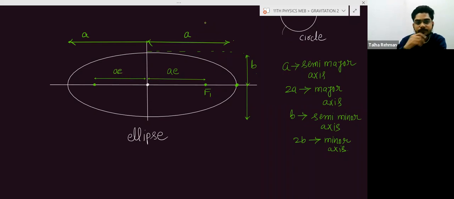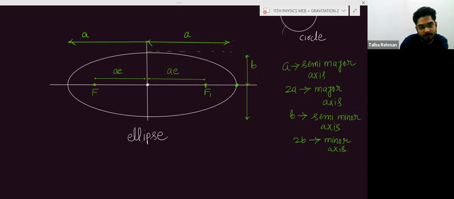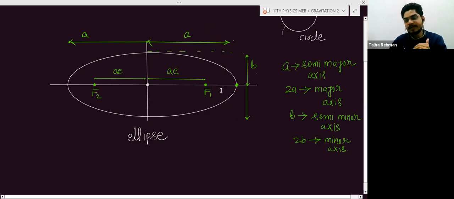So these two foci are there: F1 and F2. This is one focus. This is another focus.